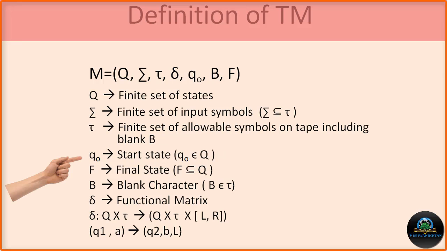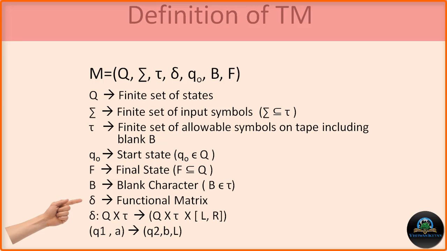Q0 is the start state which belongs to the capital Q. F is the final state; we can have zero or more final states, and that's why F is also a subset of Q. Then capital B is a blank character. Capital B represents any character which you can use to specify the blank on the tape. This character is also part of tau.